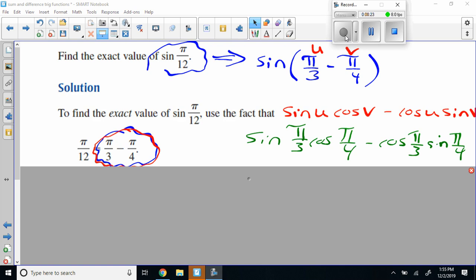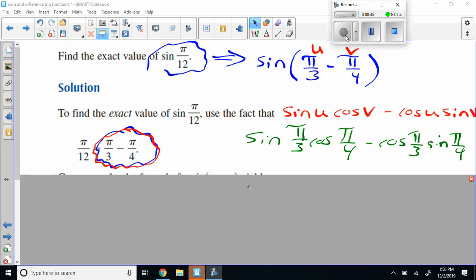Okay? So on that unit circle, do you see a pi over 3 and a pi over 4? Yes or no? Yeah, you do. All right, so if I want the sine of pi over 3, go find its value. What's the value of sine pi over 3? Square root of 3 over 2.